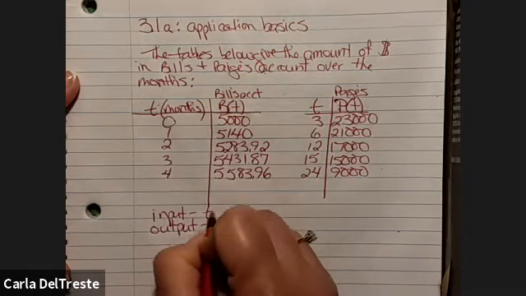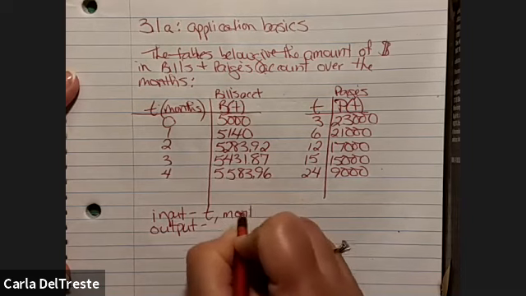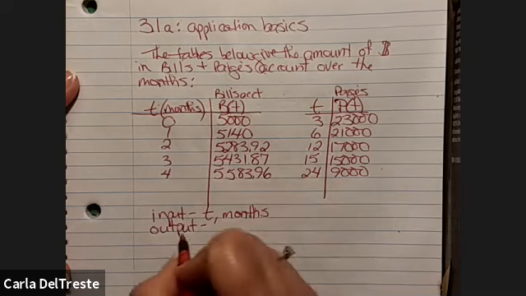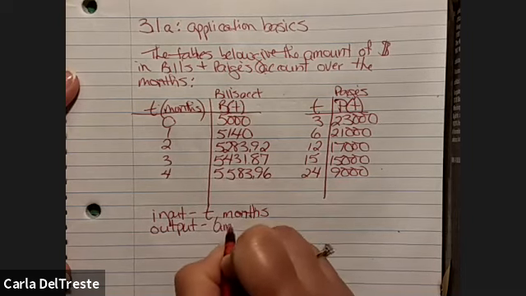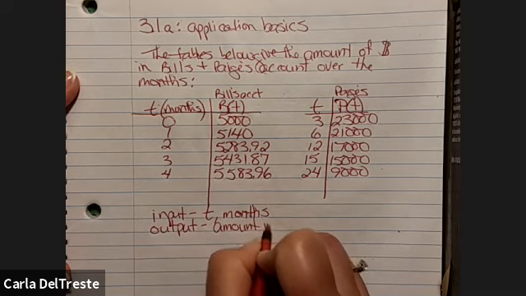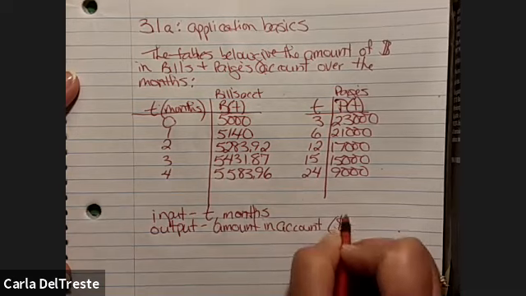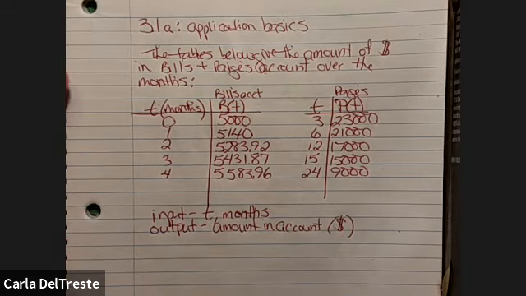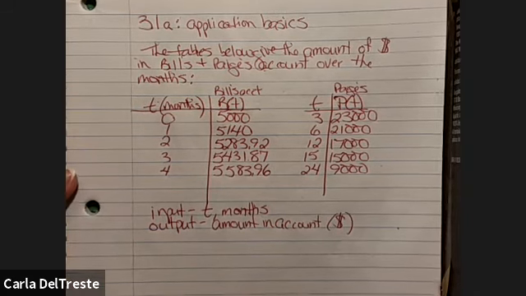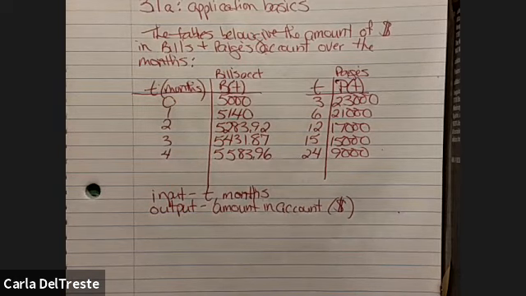So I know the input is T, which is months, and I know the output is the amount in the account, and that's in dollars. Okay, so that's the first thing you should list no matter what your goal is for the rest of the problem.